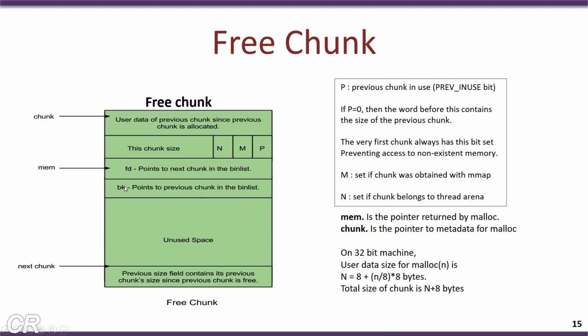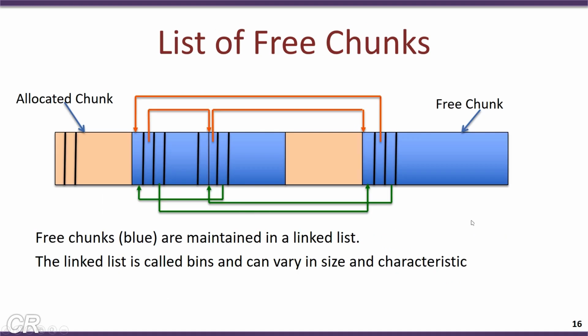Essentially what free is doing is that it adds this particular freed chunk into a linked list. This linked list could be either a singly linked list or a doubly linked list. And these forward and back pointers are used to point to the previous and the next free chunk present in the heap. So this is how it would actually look.